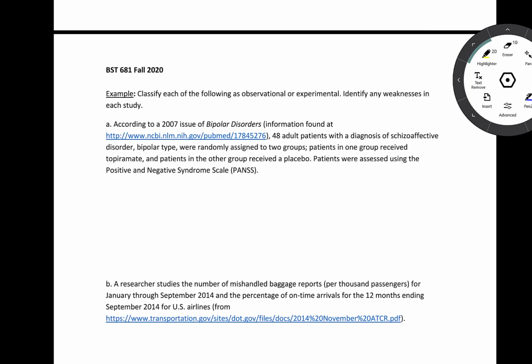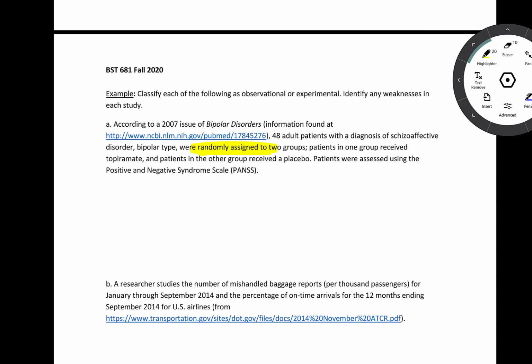So notice here, since we are doing random assignment, this is going to be an experiment. Now, if the population we're interested in here is all patients with a diagnosis of schizoaffective disorder, obviously these 48 patients were probably not randomly selected from all patients with that diagnosis.